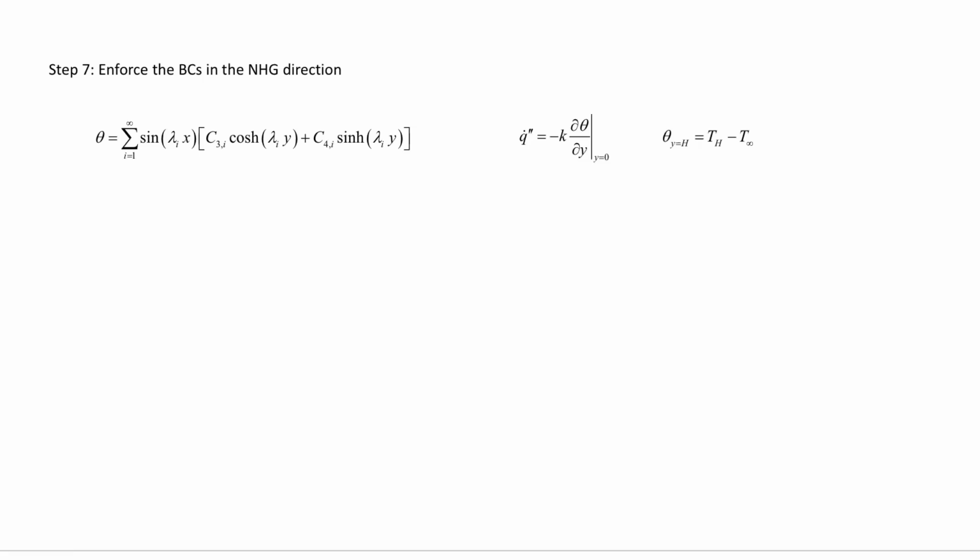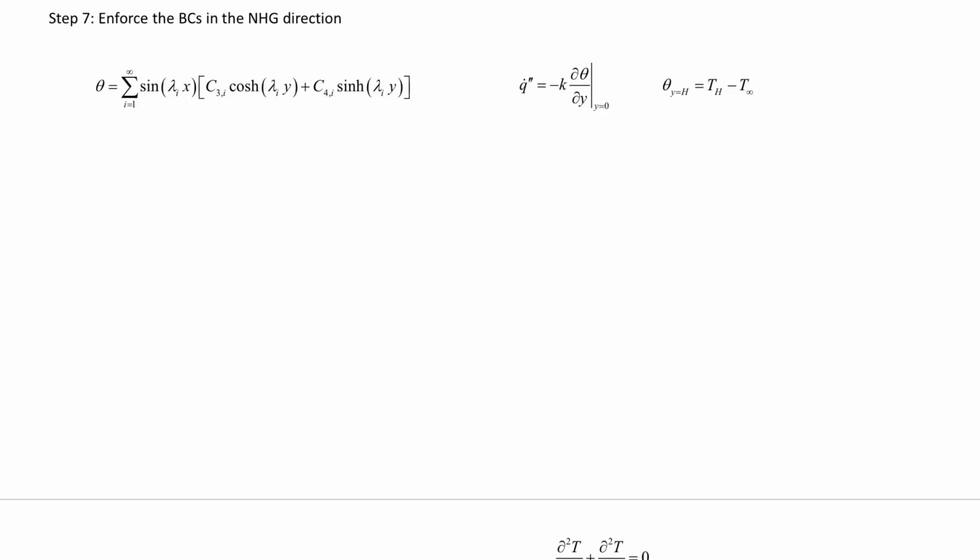Okay, so step 7 is enforce the boundary conditions in the non-homogeneous. This is again going to follow pretty much the same procedure, except we have a slight difference which we need to go through. So we're taking now these two things. We have boundary condition 1, boundary condition 2 in the y direction, and we need to enforce these. All right. So let's do boundary condition 1.